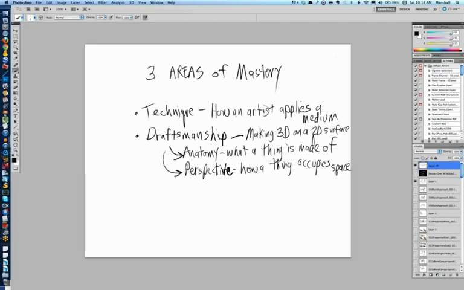Perspective are the tricks of making it look like it occupies space, and it's exactly what your wireframe mode is doing on the computer. But we're not done. We don't want things to be in wireframe when we draw all the time. And so we have a third thing, and that is rendering, and that's how the surface responds to light.